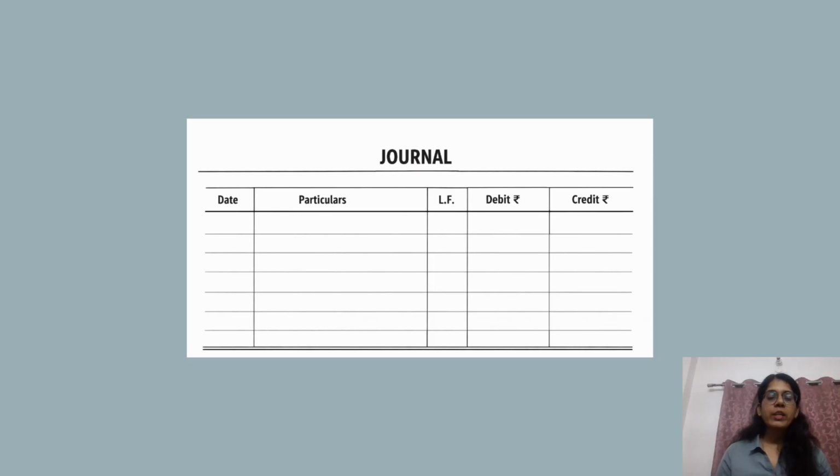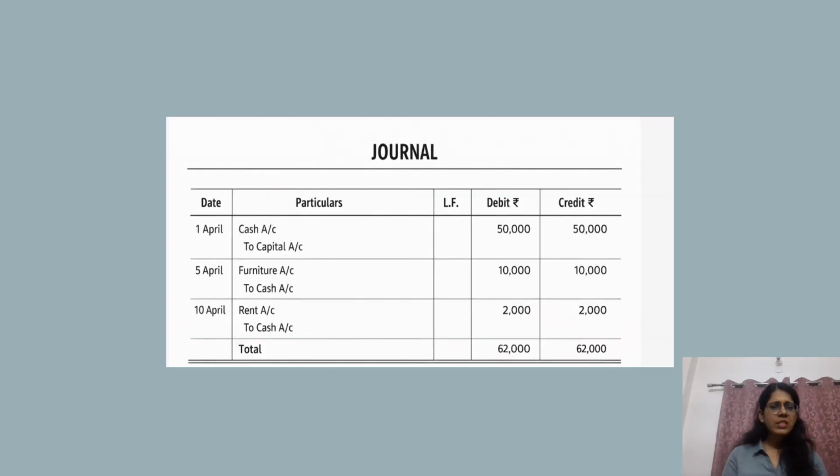I have taken certain different situations and passed the journal entries for them. These are the same examples that I took in the last video, so I'm going to carry on with them. First entry is that we started business with cash of XYZ amount. Okay, so as I explained in the last video, when cash is coming in, cash is a real account, so it has to be debited.